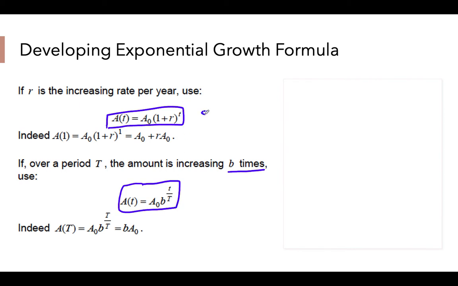This is usually used for an amount, like a dollar amount, or we could talk about bacteria or the doubling period. So there are two different formats you can use, but essentially both represent exponential growth when the base is greater than 1.